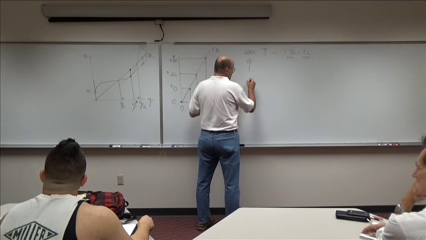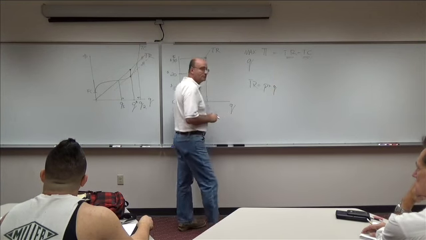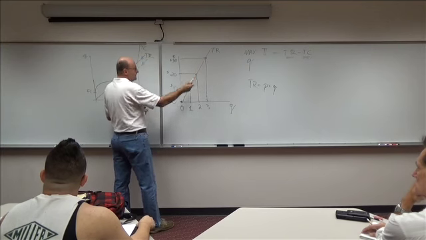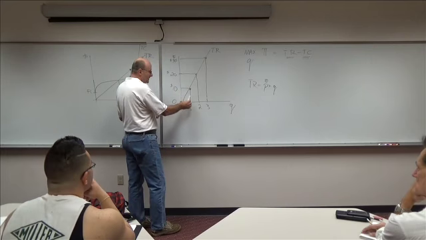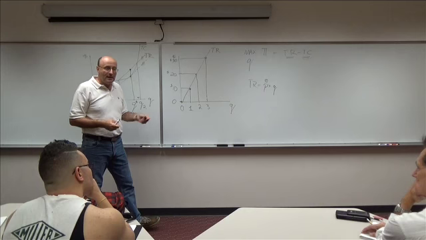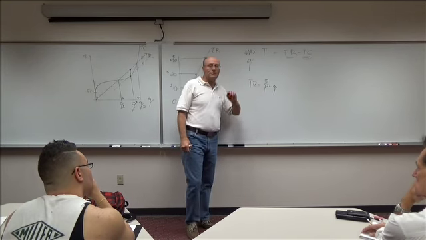Remember, total revenue is price times quantity. This is total revenue when price is $10, right? One pizza, $10, two pizzas, $20, three pizzas, $30. What would happen if price of pizza rose from $10 to $12?